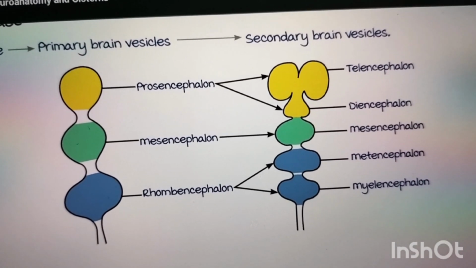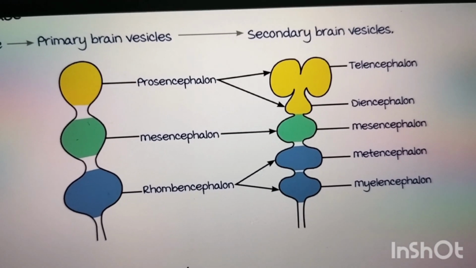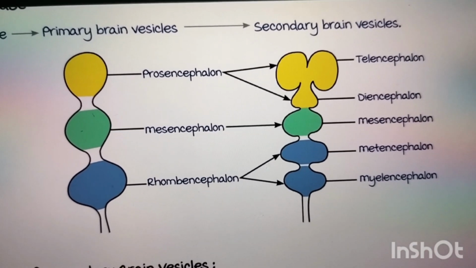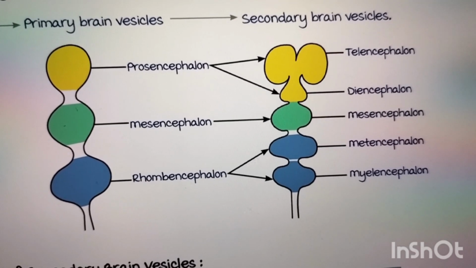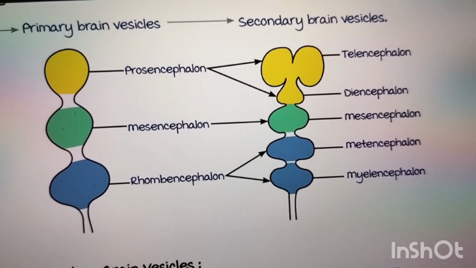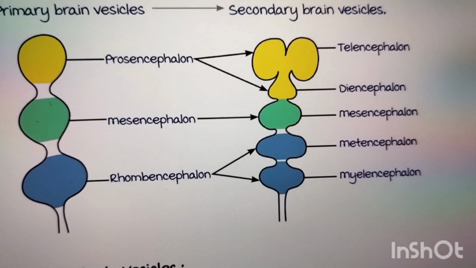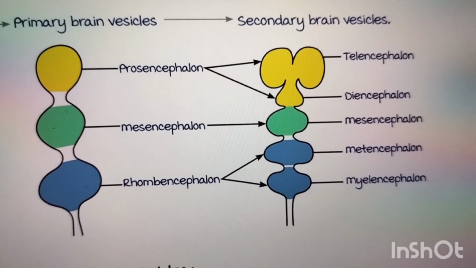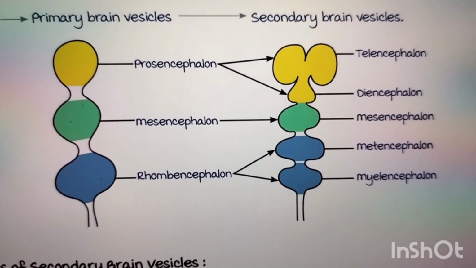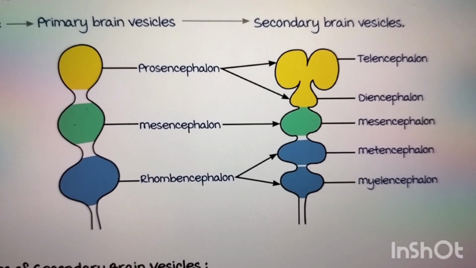That means the cavity of the telencephalon will always give rise to the lateral ventricle. In the same way, the thalami are derived from the diencephalon, and the third ventricle is present between the two thalami. That means the cavity of the diencephalon gives rise to the third ventricle.